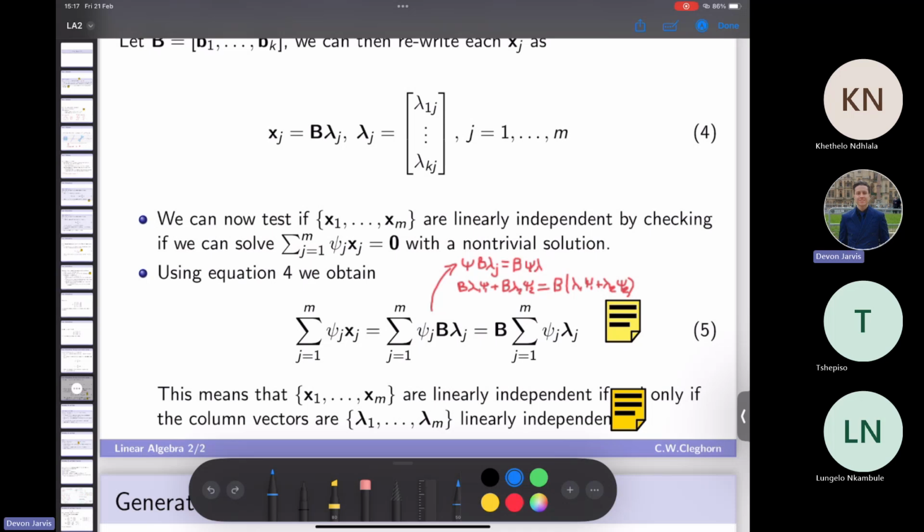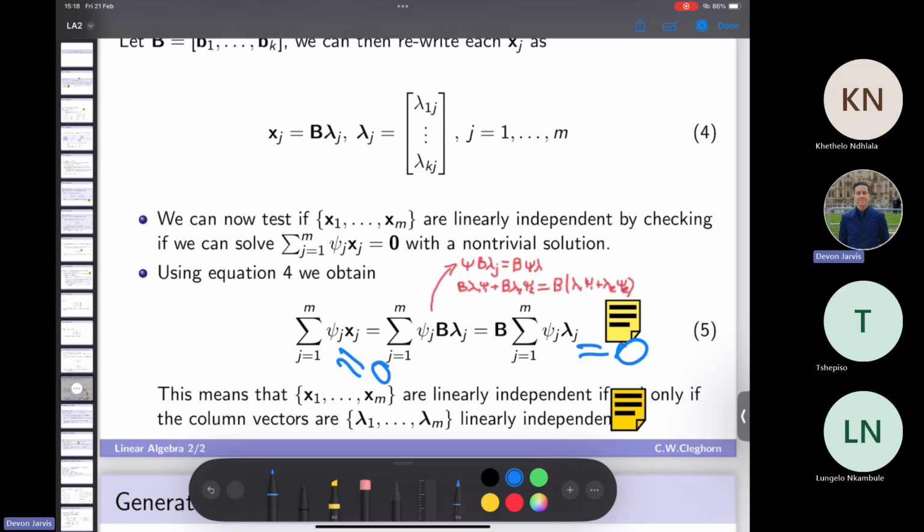Okay, and so this means that the x's are linearly independent if and only if the columns of the vectors, the lambdas, are linearly independent, right? Because if this gives us 0 through a non-trivial solution, that means that this x gave us 0 through a non-trivial solution with the phi's. You see there?